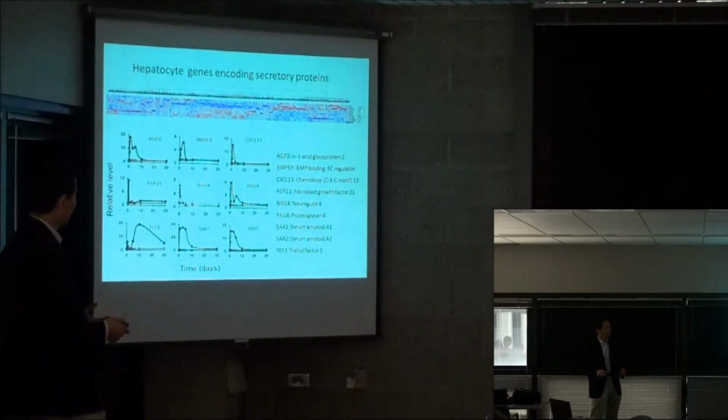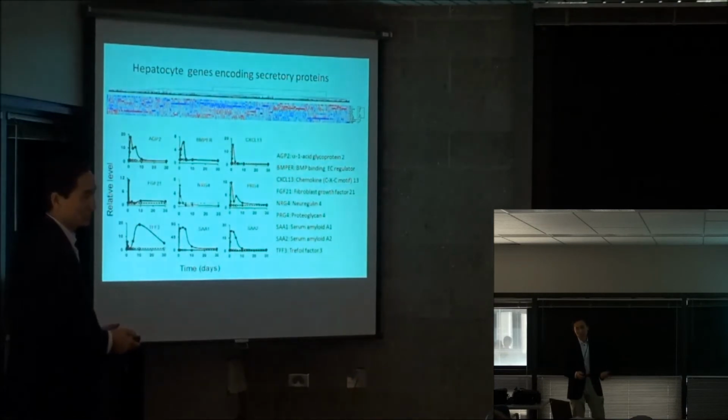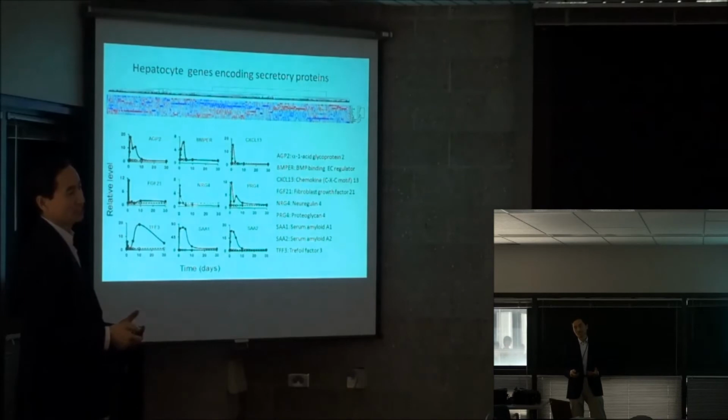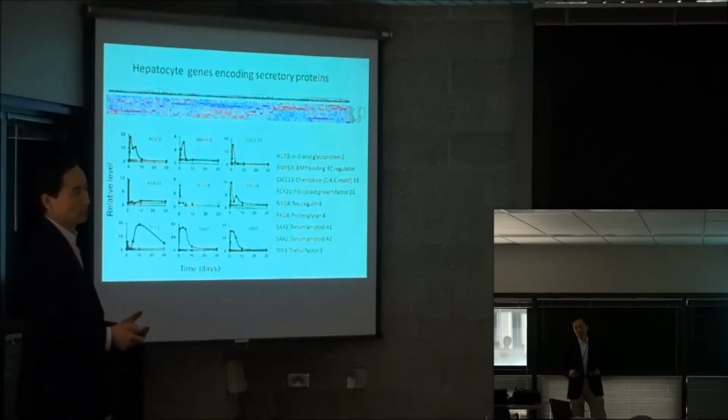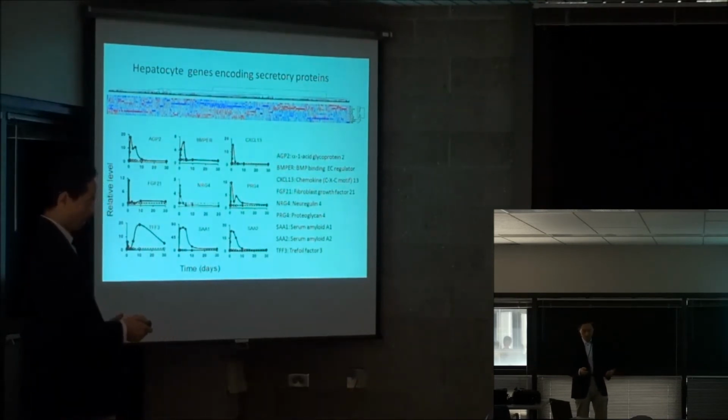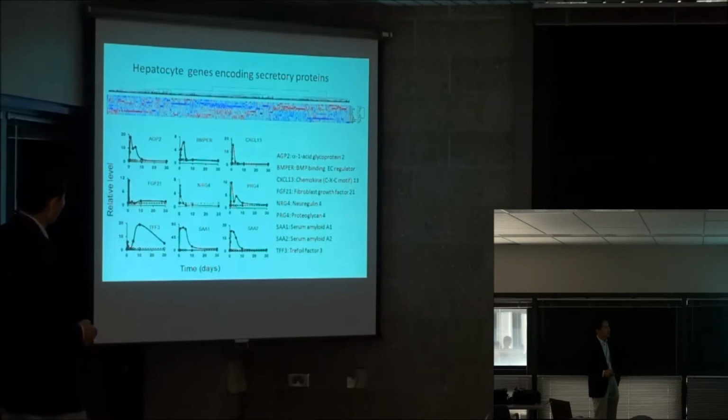What we did care about was the secreted protein genes, because only these secreted protein genes might be involved in myocardial protection, because the proteins are released and get a chance to get to the heart. So we found 9 secreted protein genes that were upregulated.